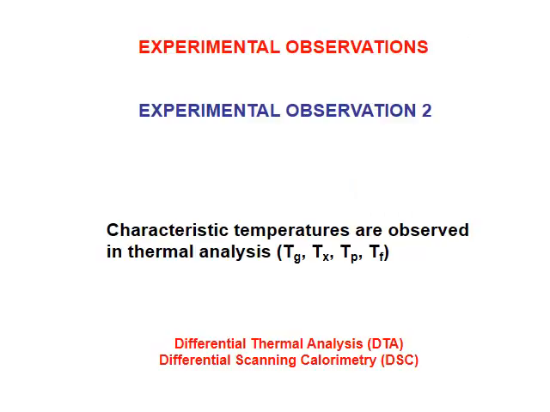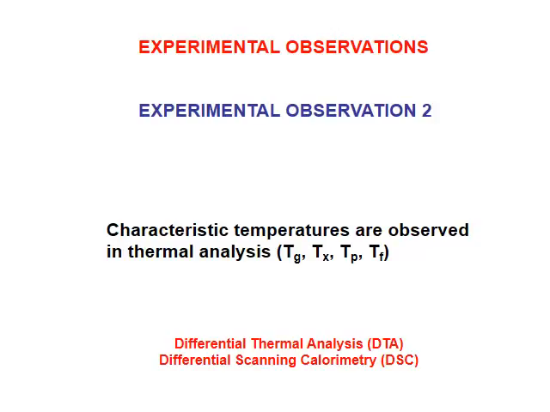Okay, so far we have seen that X-ray diffraction can be used to define a glass as an amorphous material. Let's talk about another experimental observation. Let's take a look at some scans obtained in differential thermal analysis or differential scanning calorimetry.